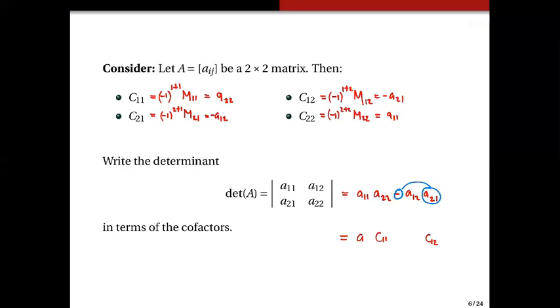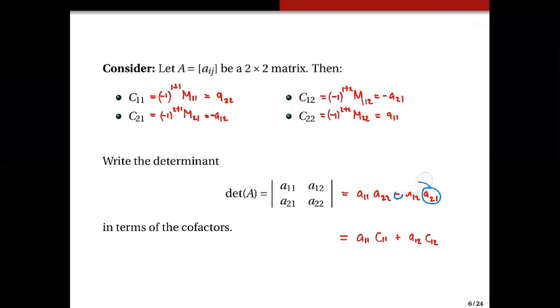So we will have A11 C11, and then plus A12 C12. Notice this is plus now because the negative was transferred to A21 to write it as C12. The subscript of A11 is attached to the C with subscript 11, and A12 is attached to the C with subscript 12 also.